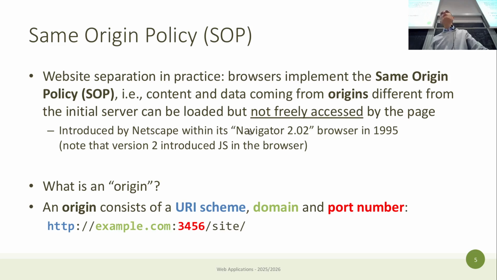Okay? So basically, since 13 years ago, browsers don't allow JavaScript and DOM to access any resource loaded from a server that is different from the one from which you started. Okay? Because of the problem we saw before.